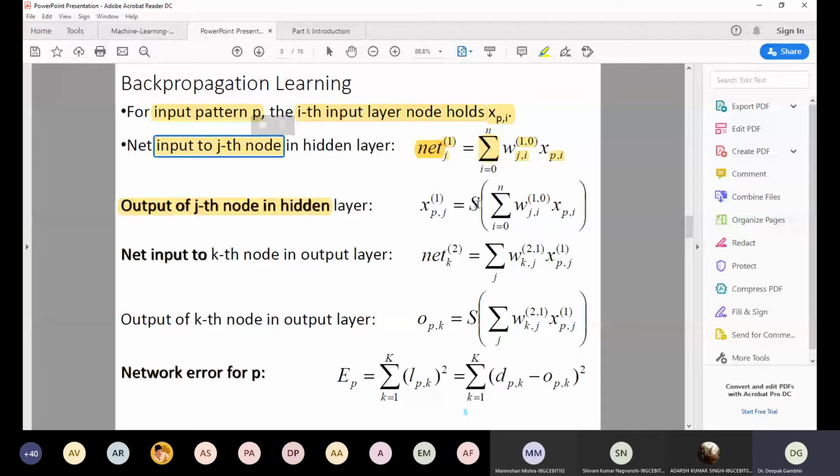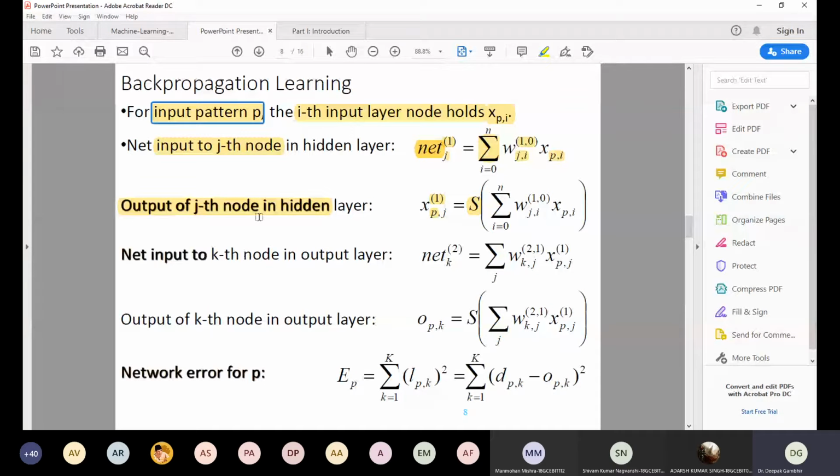Net j is passed through the sigmoidal function, and that results in the output of the hidden layer. Since it is in the hidden layer, we write x with superscript 1, and x_pj indicates that it is for the jth node, and the input x has p patterns.